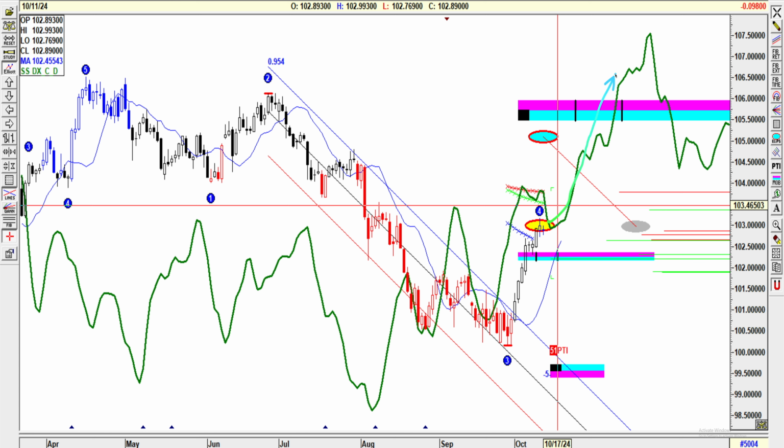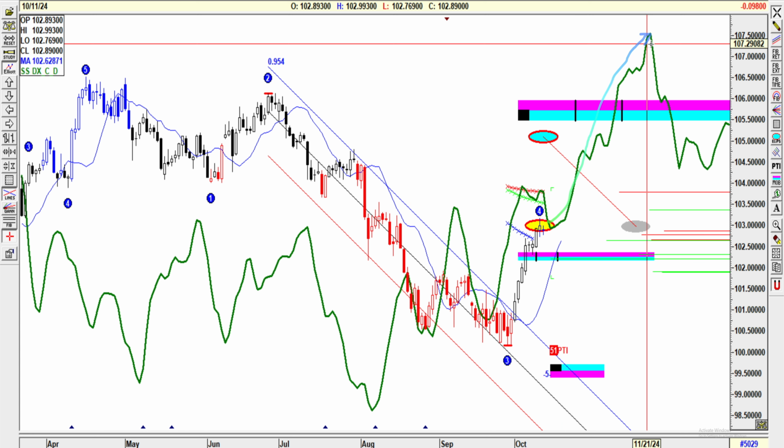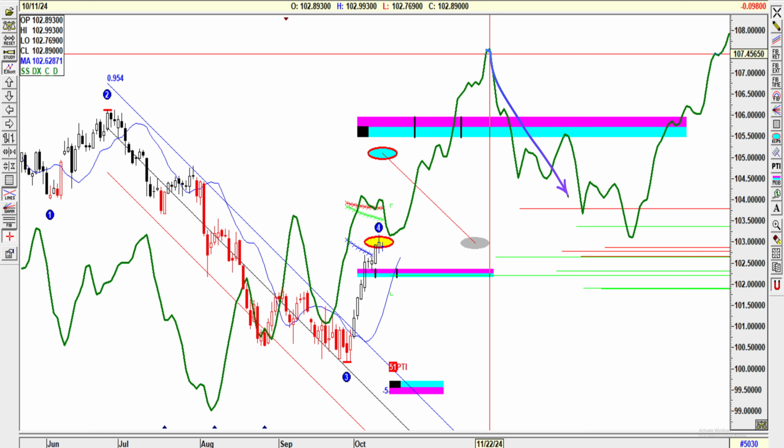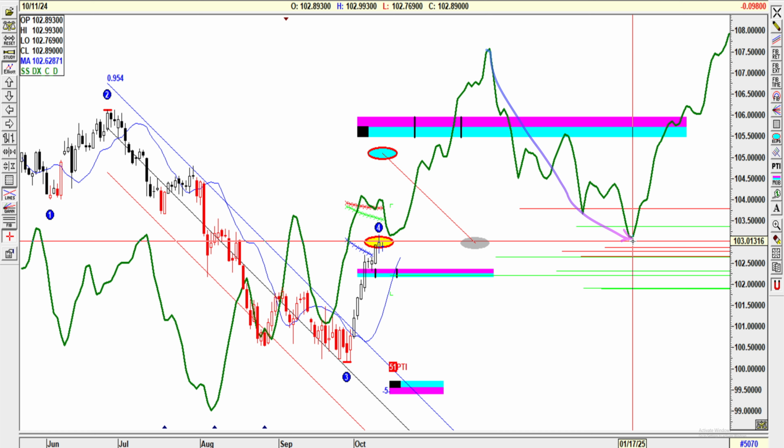And mind you, you see that seasonality wise, it peaks around November. And then it pulls back somewhere around January, and then it resumes. So, Christmas rally and all that, but who knows with all the stuff going on in this world how this is going to play out. But this is typically what it does.